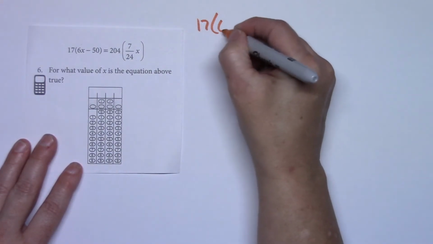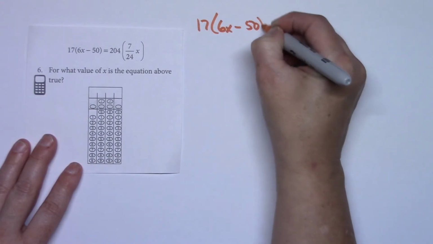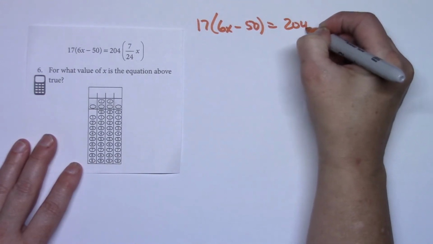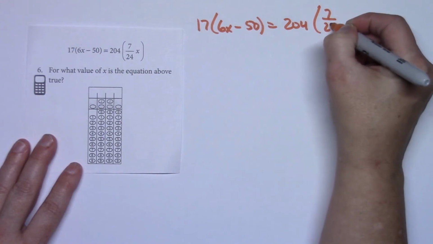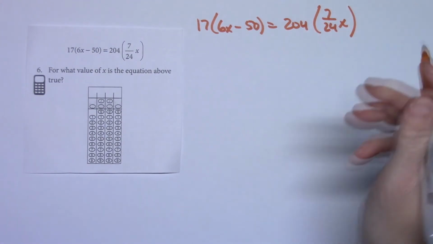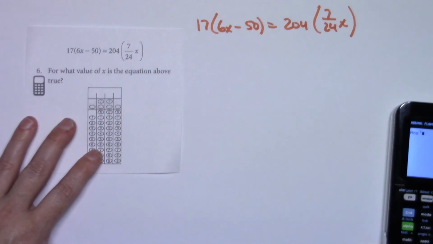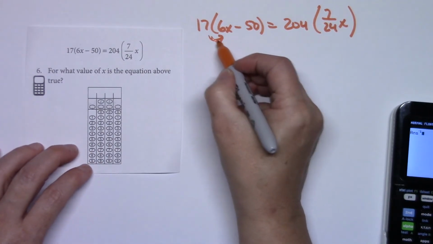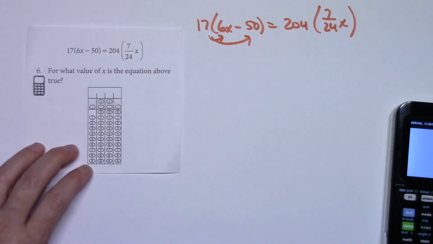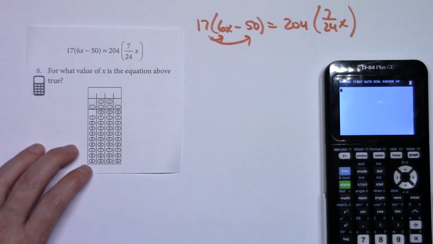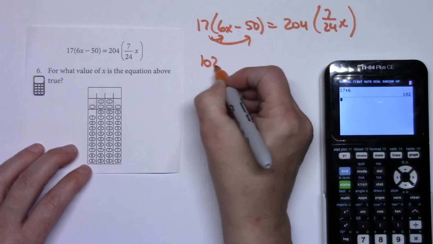So 17 times (6x minus 50) equals 204 times 7 over 24x. Now right off the bat here, I'm going to go ahead and distribute that 17 on this side. So I'm going to use that calculator, and I'm going to go 17 times 6 just real quick, which is 102x.